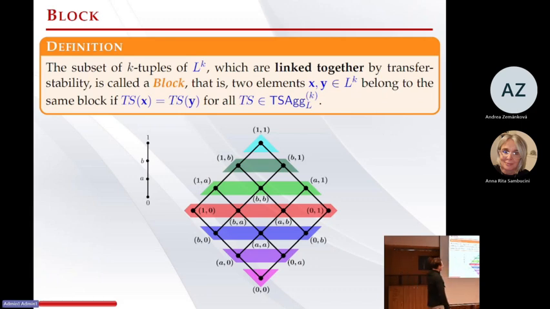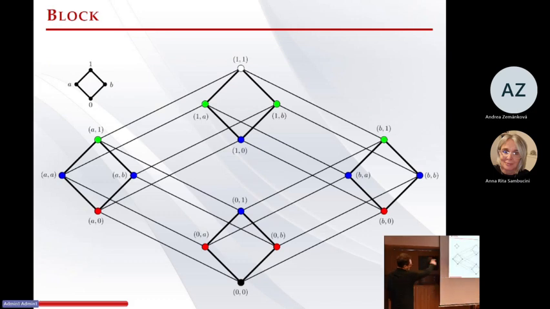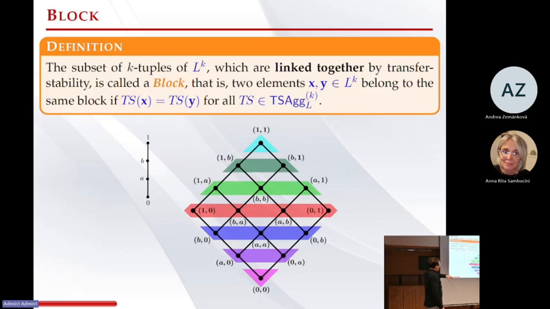So for example, these are all classes for a binary aggregation function on the 4-element chain. Or these pictures show all classes for a binary aggregation function on the 2-dimensional diamond. And like we see, all classes are linearly ordered.